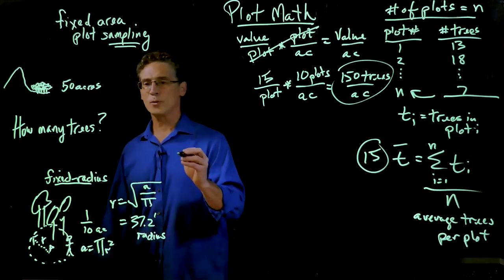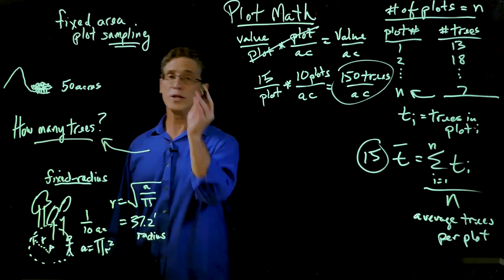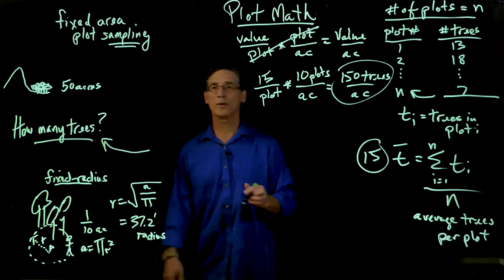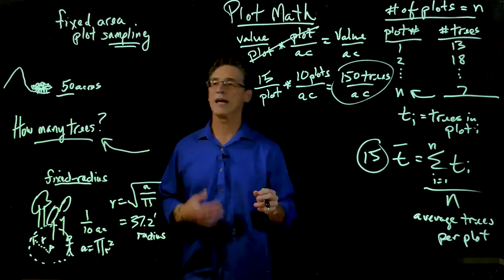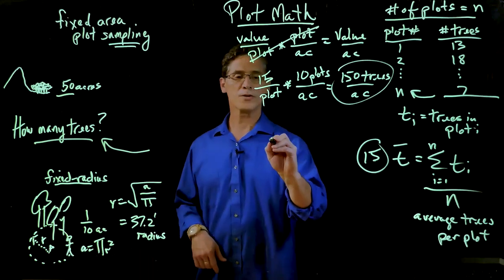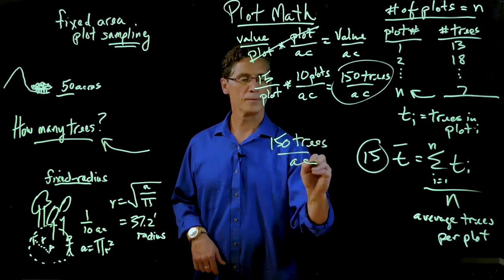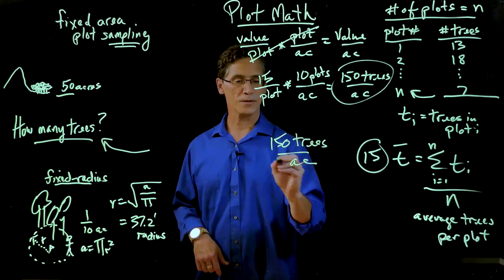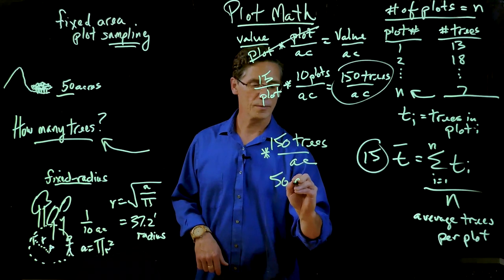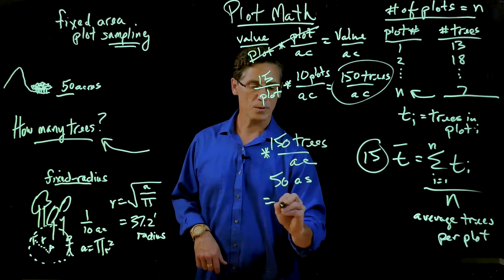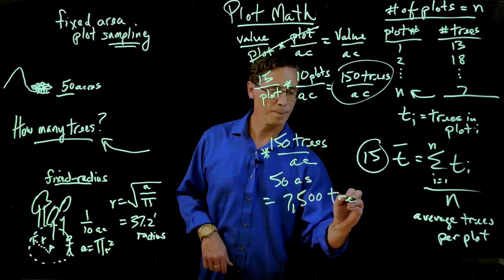So let's get back to our original question now, which was, how many trees total? So here's where we bring in the total number of acres. If there's an average of 150 trees per acre over 50 acres, 50 acres equals 7,500 trees.